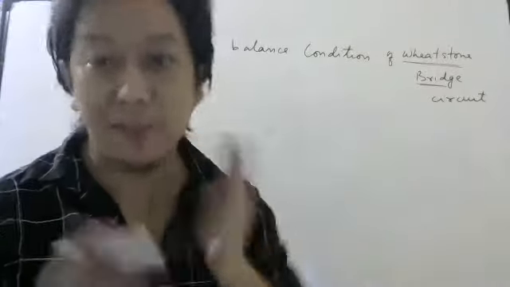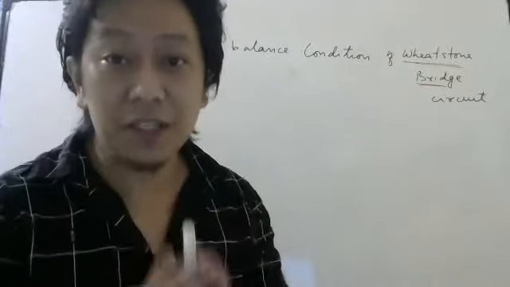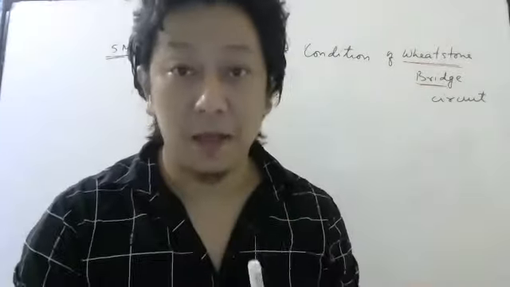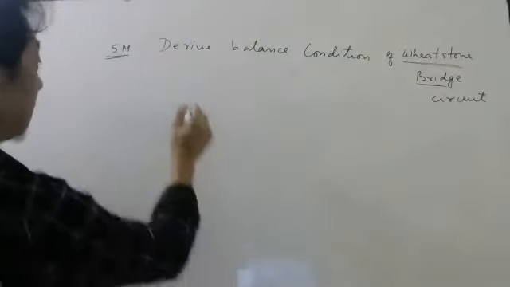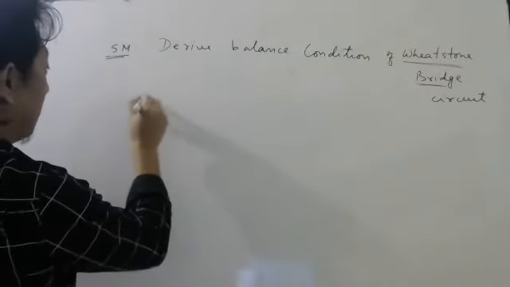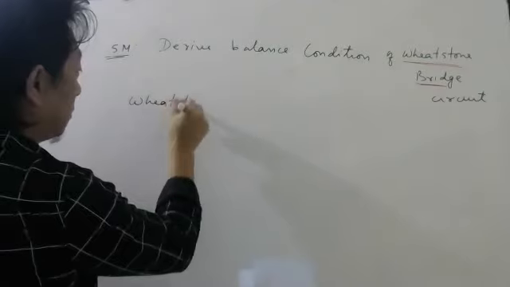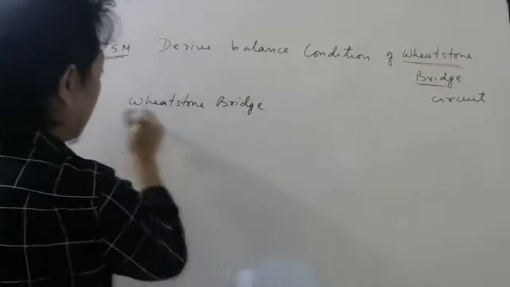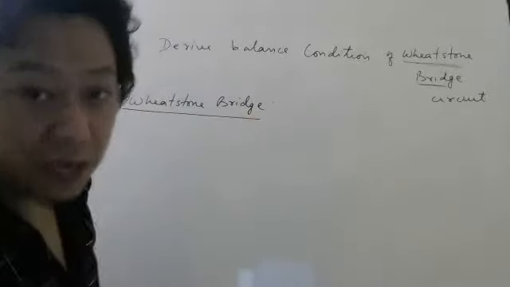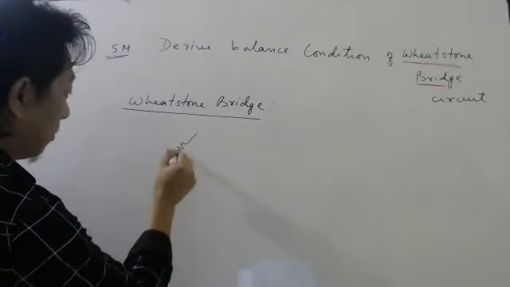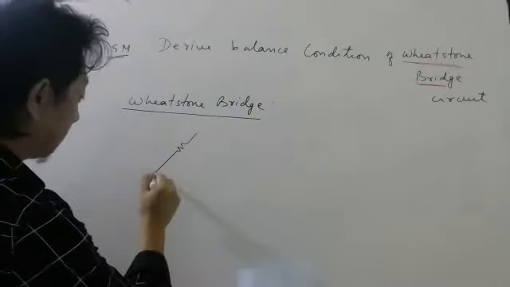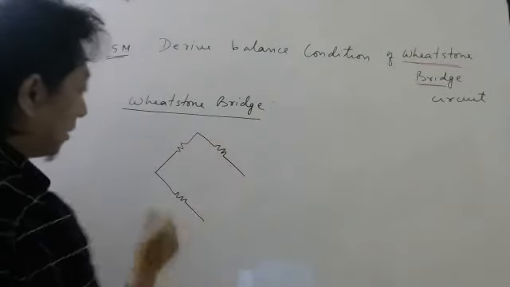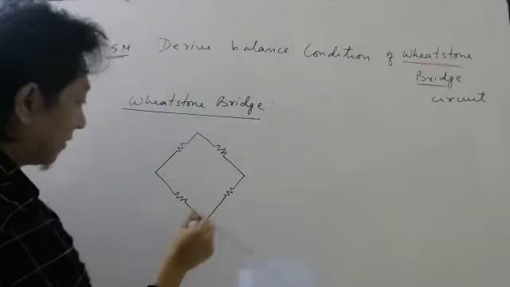First, you should ask, what is Wheatstone bridge, sir? So Wheatstone bridge is a network of resistors, which looks like this. Look here. So Wheatstone bridge circuit looks like this. There will be one resistor here, one resistor here, one resistor here, one resistor here.